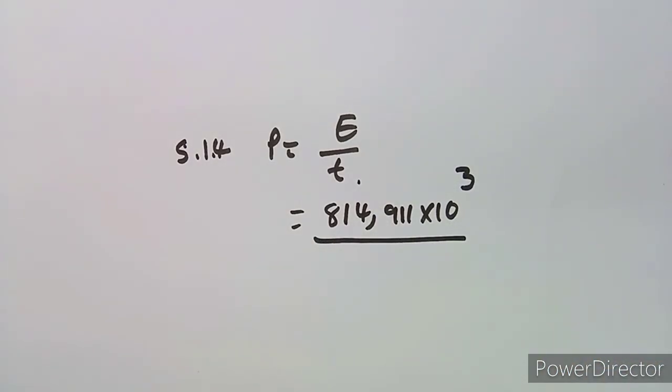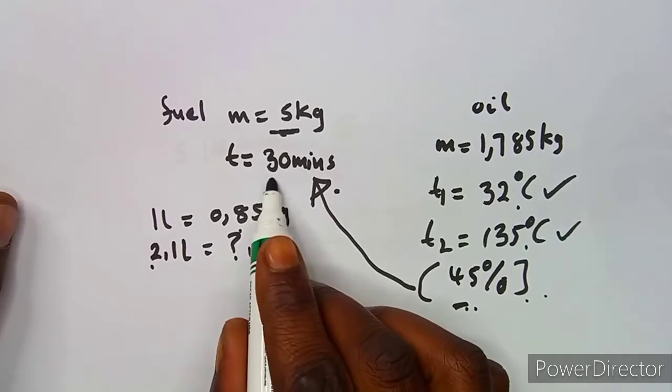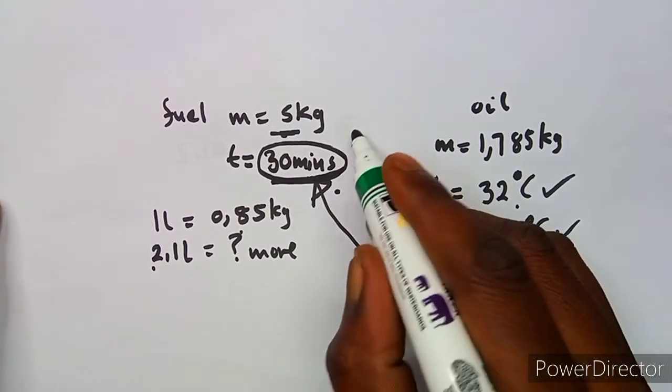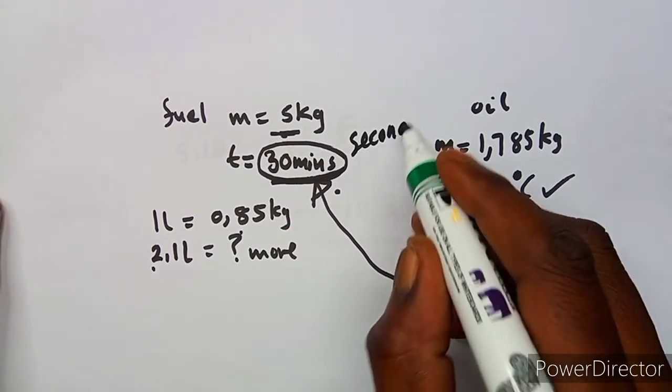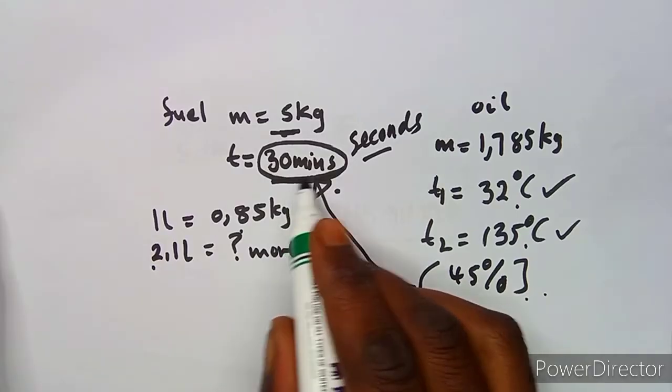Remember, we are given a time interval of 30 minutes, and the time should be in seconds. So you're supposed to make a conversion there from minutes to seconds.